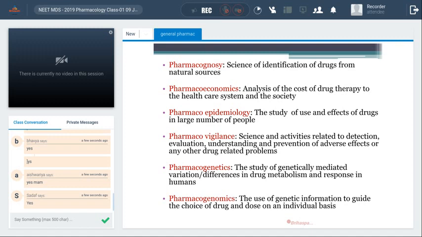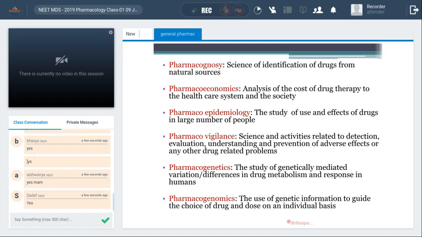Okay, then we have a similar one called genomics. Now, what are we doing by making use of this information? I do a study. I know this particular gene is producing an effect on one particular drug. So genomics is the use of this genetic information to guide the choice of drug and the particular dose on an individual basis. For example, I know people with this genetic defect are allergic to penicillin.